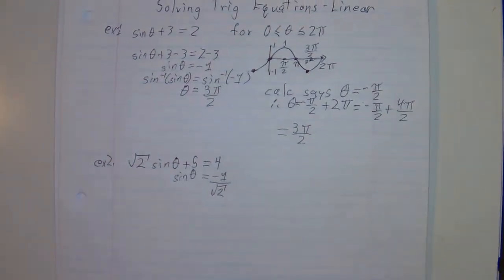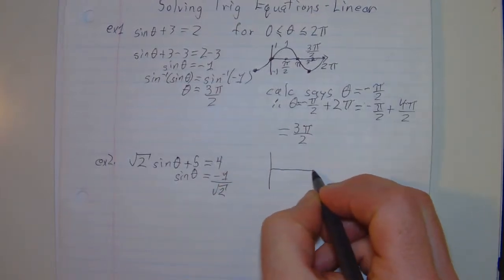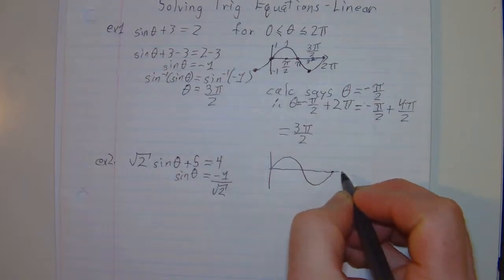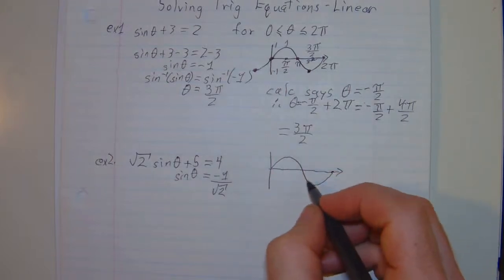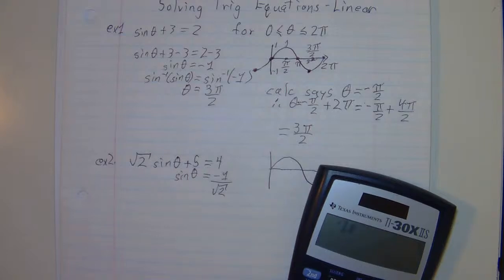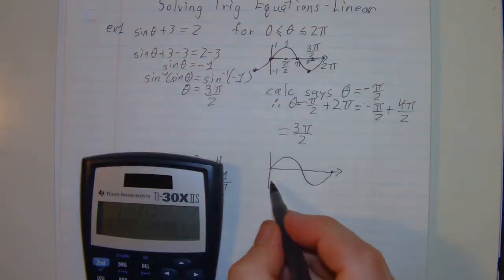So then we know that, draw our graph here. Sine theta, that's what it looks like. -1 over root 2. Let me put that in here. -1 divided by square root of 2. Close all the brackets. So you can see this is about -0.7. So -0.7 is somewhere down here.